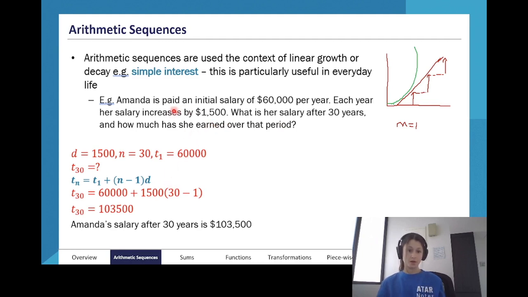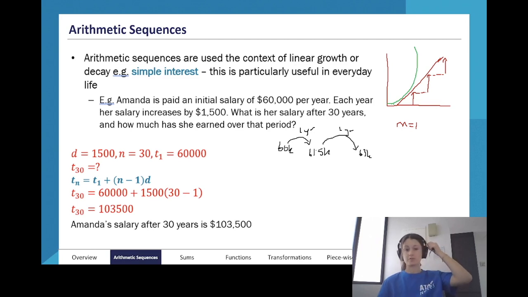So, if Amanda is paid an initial salary of $60,000 per year, this is going to be our first term, right? Because she's paid $60K. With each year, she's going to be paid an additional 1.5, but her initial value is going to be 60,000.